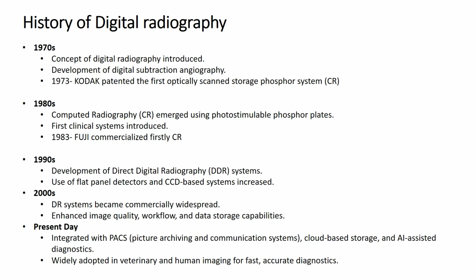In the 2000s, or in the millennium year, the digital radiography system became commercially widespread because it is very easy to use and the image quality is very good. That means in the DR system, enhanced image quality, workflow and data storage capabilities were found.